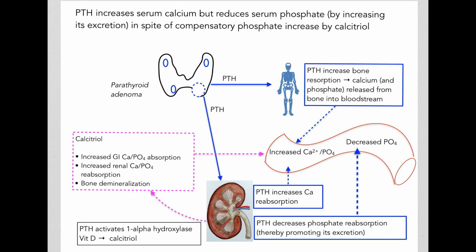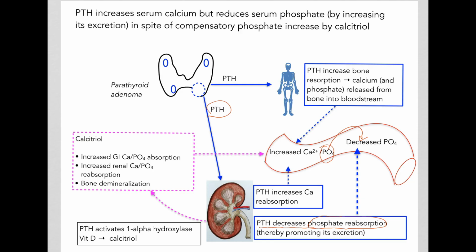Another effect of PTH on the kidneys is that PTH decreases phosphate reabsorption. That means it increases the excretion of phosphate. So although the phosphate seems to have increased from these various effects, the net result is that this phosphate will be excreted.